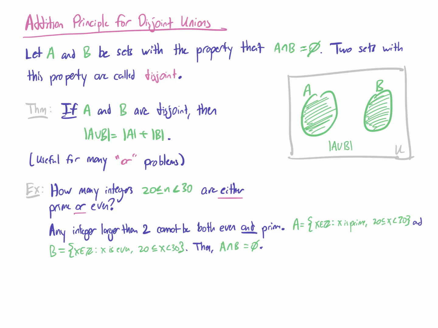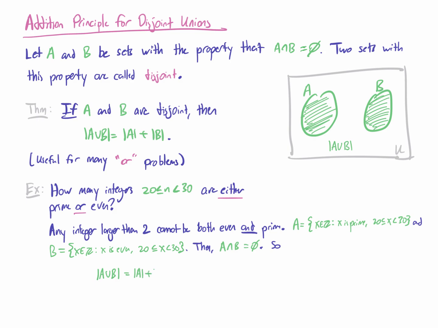So if we want to calculate what the question is asking us, this is an or kind of question, either or. Either or means I need to consider a union. So if I ask myself, what's the size of A union B, I can apply the addition principle for disjoint unions.